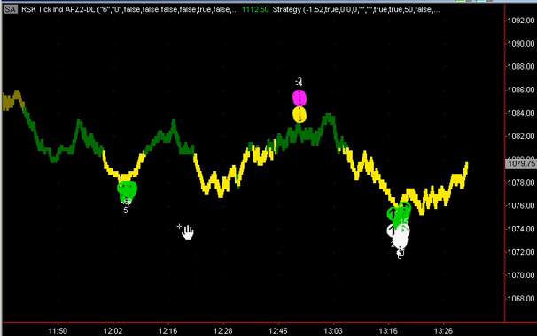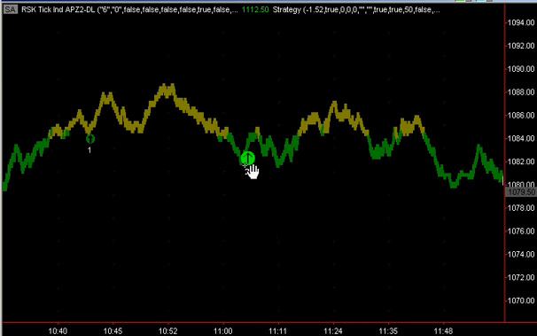Let's look at another example. Here, for example, we don't have a signal, and the reason for that is that the strategy settings are not being met. In fact, the settings that would produce a trade at this particular moment and in that price range would imply that there is a further divergence. So that's why we'll have more than one strategy working on a particular chart.